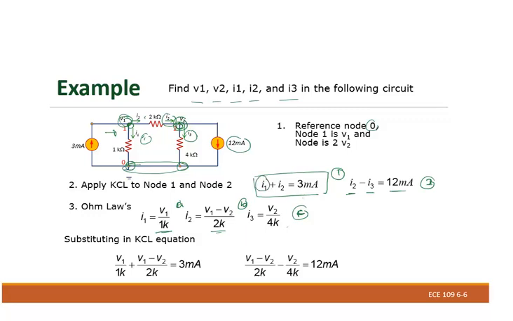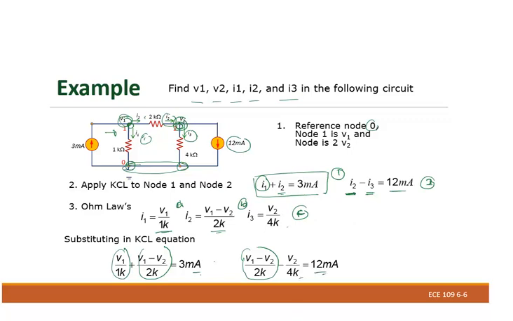So I1 is V1 over 1K plus I2, which is V1 minus V2 divided by 2K, equals 3 milliamperes. Then the next one is I2, V1 minus V2 divided by 2K, minus I3. I3 is V2 divided by 4K, which equals 12 milliamperes.